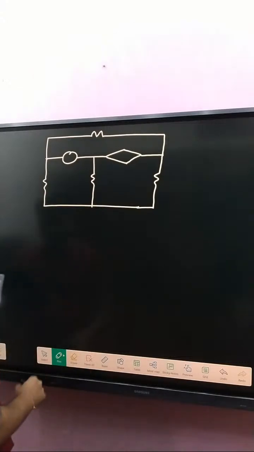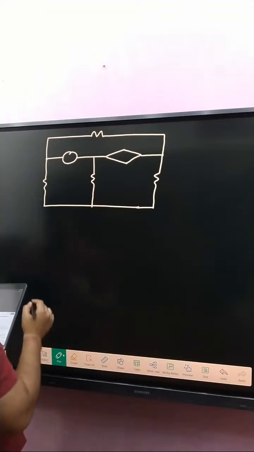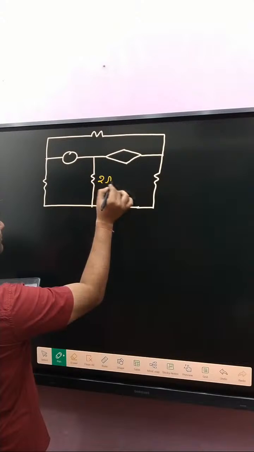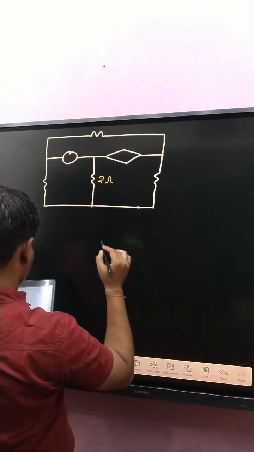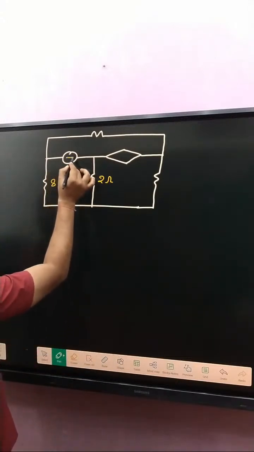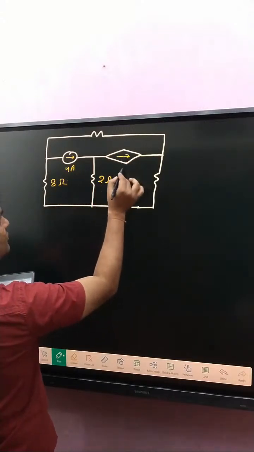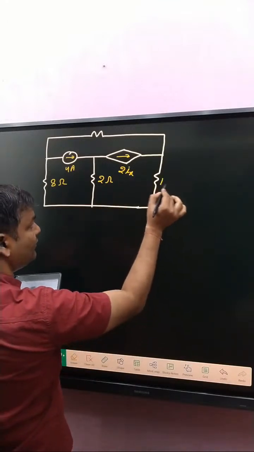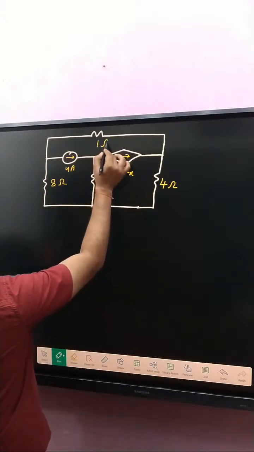That is 2 ohm, and that is 8 ohm, that is 4 ampere, that is 2Ix, that is 4 ohm, and that is 1 ohm.